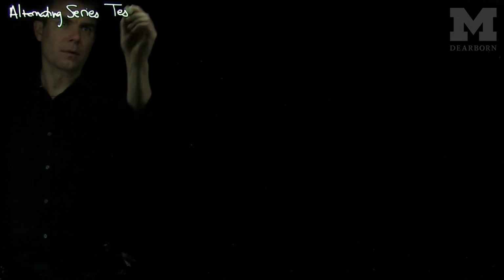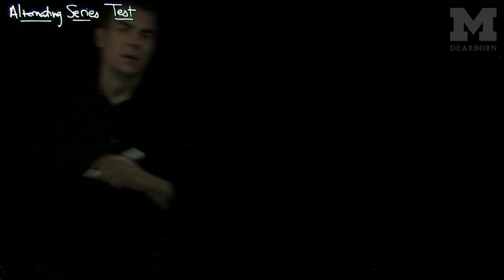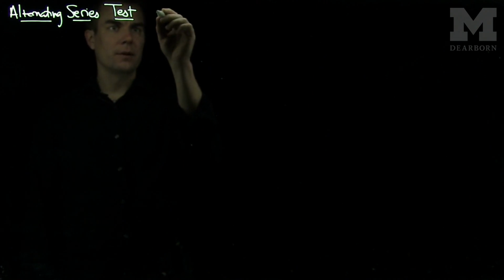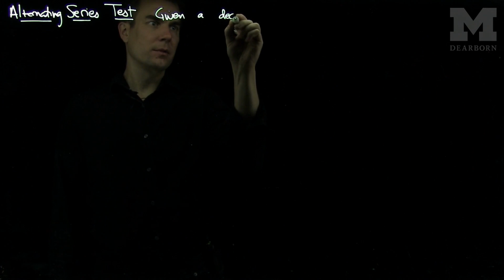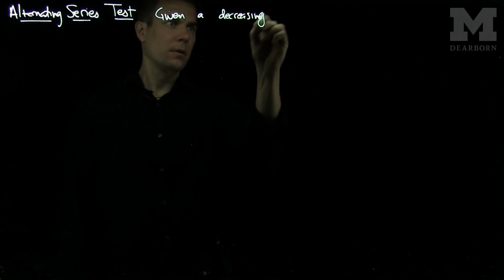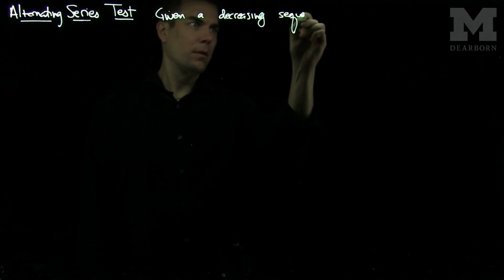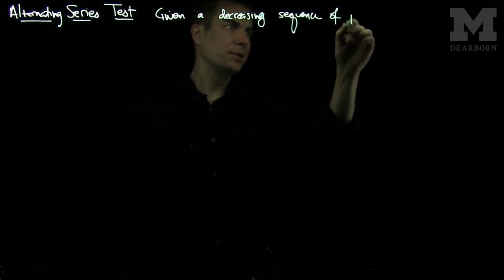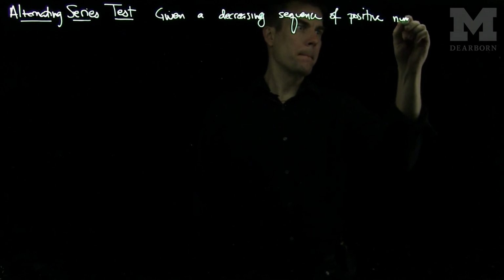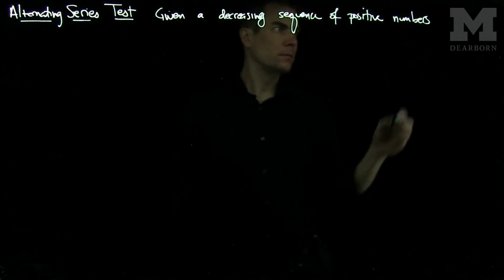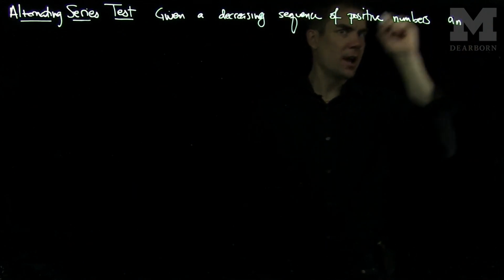The alternating series test states that if we're given a decreasing sequence of positive numbers, call that sequence a_n.